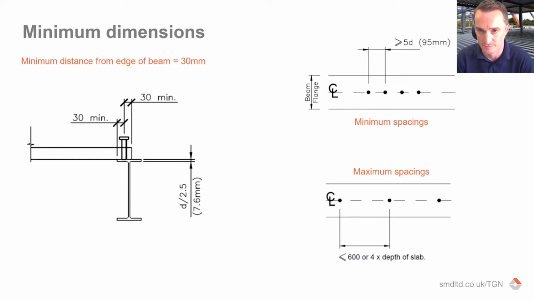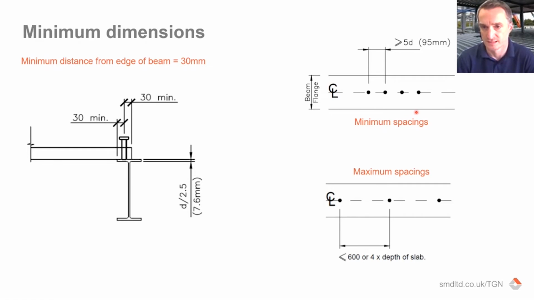For composite beams, we'll through-deck a 19mm diameter stud through the profile onto the beam, as I mentioned earlier. The minimum dimensions we see over here, 30mm minimum, are a requirement of the design standard with regards to the end of the sheet, and then a requirement to the toe of the beam. You also have spacings within those studs.